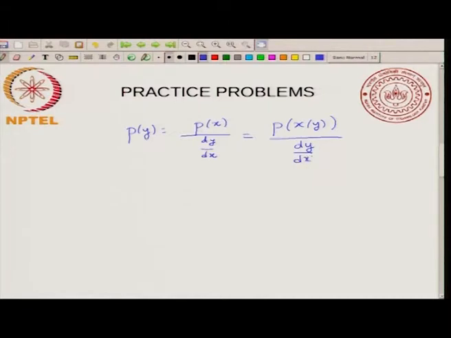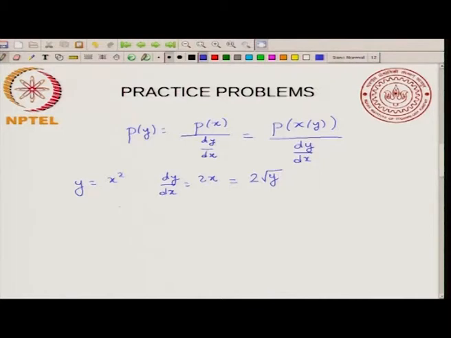So, let us go ahead and do this. We have y equal to x square, so dy by dx is equal to 2x, but this is expressed as a function of x. If you want to express this as a function of y, you will get 2 square root of y, because x is nothing but square root of y.